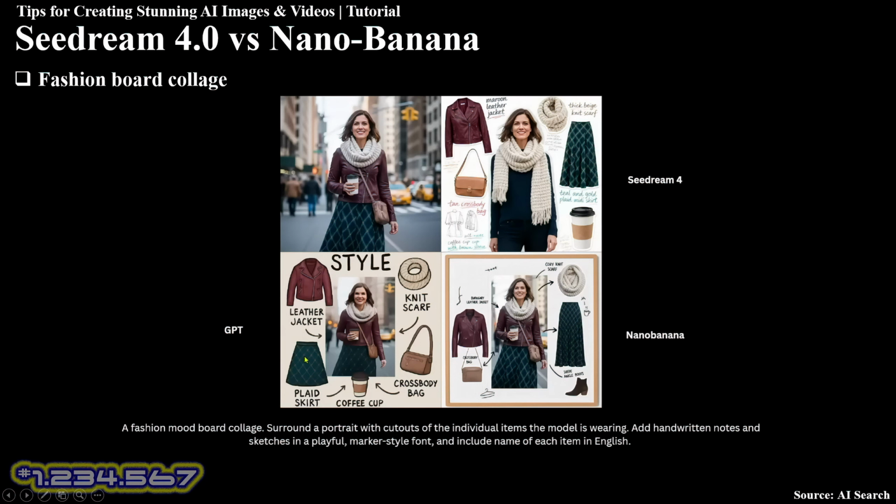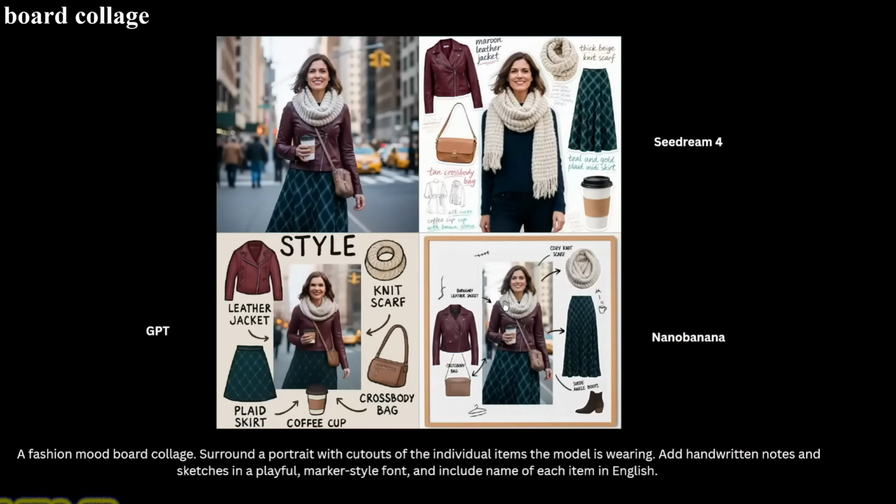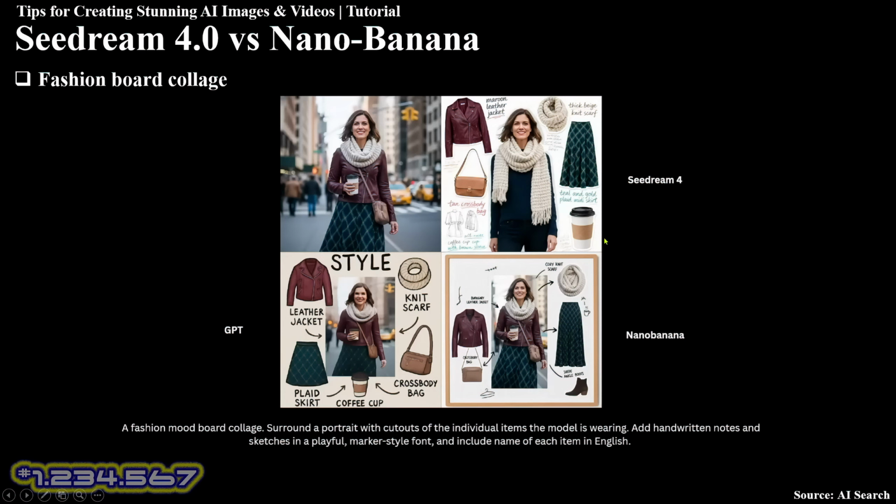Again, GPT is just changing everything, and the pointing here is not okay. And Nano-Banana keeps the same character, not too bad. And then somehow the pointing here does not make any sense. So I think Seedream is also winning in this competition.